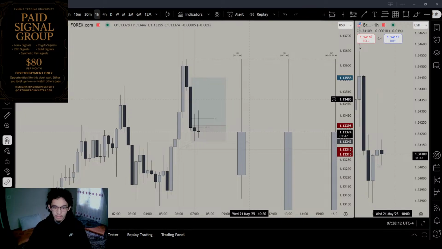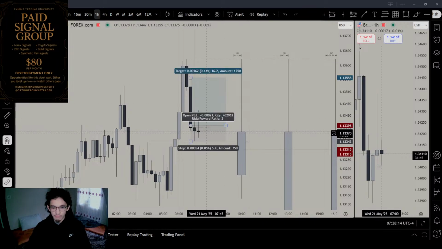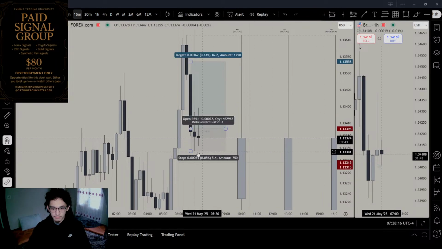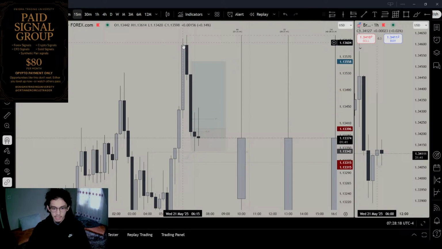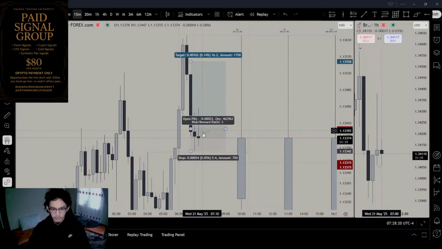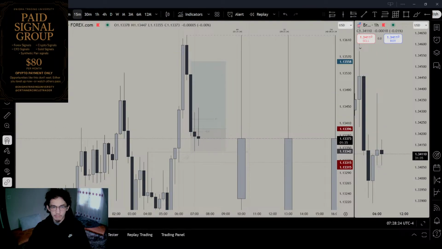Let's see if this candle can close bullish. We just need a closure of a bullish candle, bro. This is constantly telling us to retrace. So if we can get the bullish candle closure, that's gonna tell us that the next leg up is gonna be starting right now.